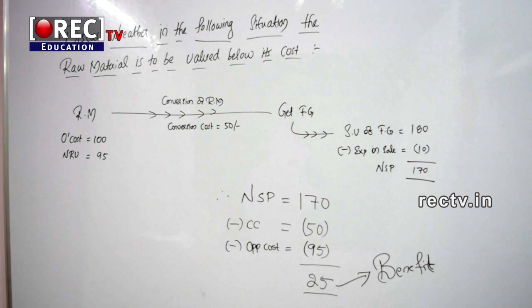Here net selling price 170 minus conversion cost 50 rupees minus opportunity cost 95, so the benefit is 25 rupees. So there is a benefit in converting raw material into finished goods, so the conversion can be done. From this example, as it is beneficial to convert raw material into finished good, it is advisable not to write down the valuation of raw material. So show it at the original cost, that is 100 rupees.